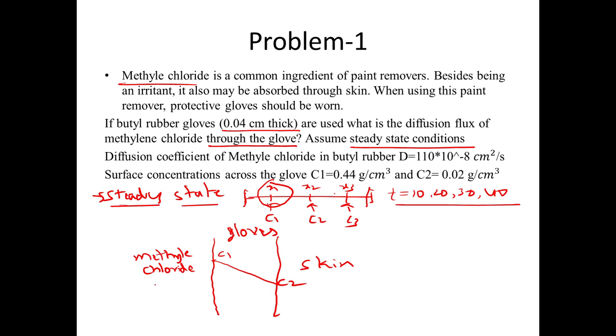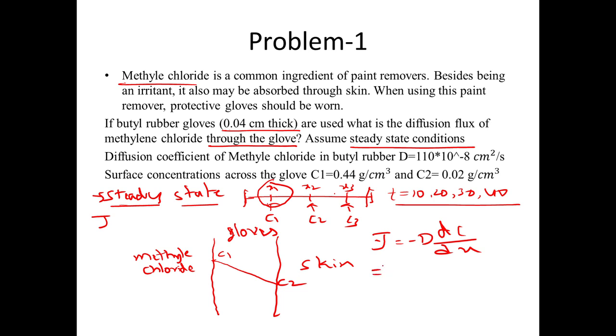So this is how we have made our problem very easy. To solve this, we need to determine the J value. So J is equal to minus D into dC by dx. We know why the negative sign is there: diffusion always occurs down the concentration gradient, which is why we mention the negative value.